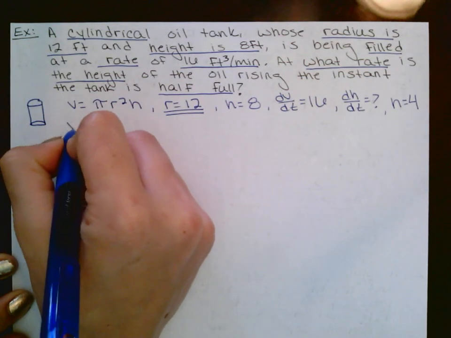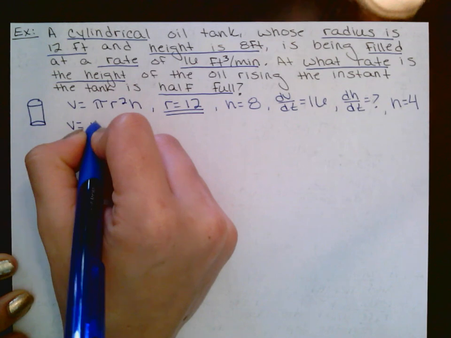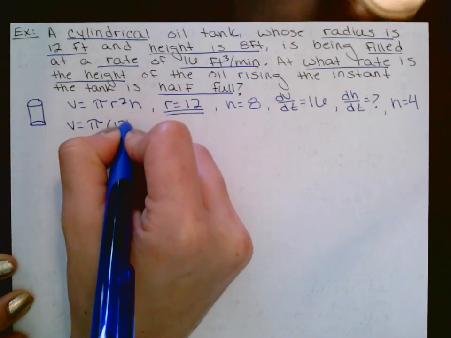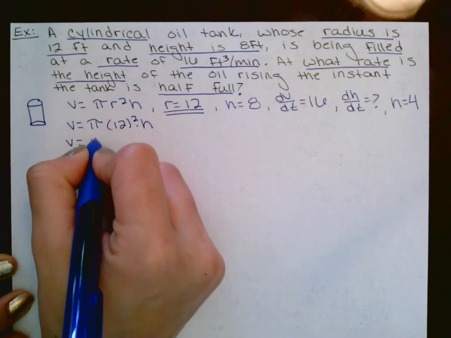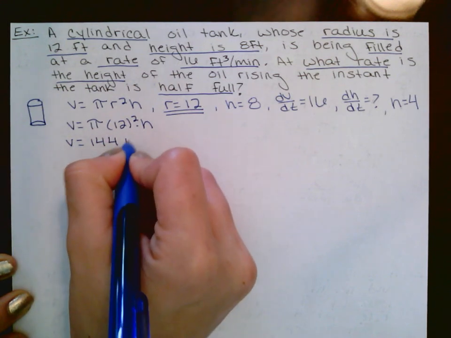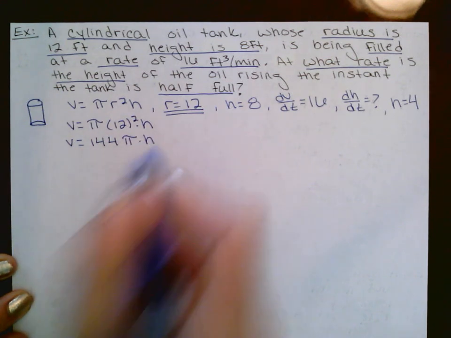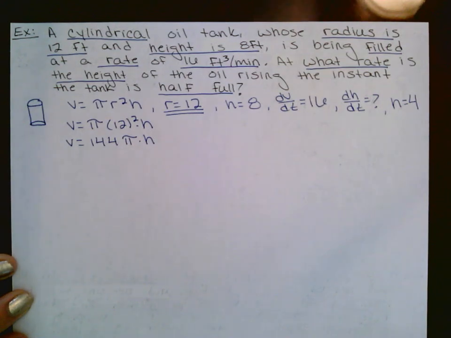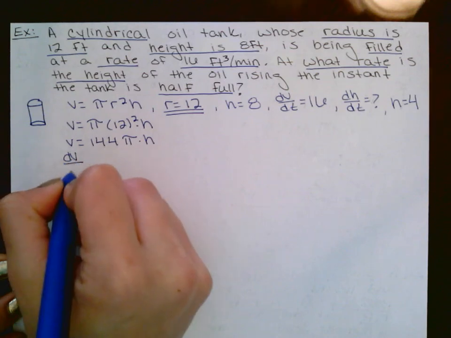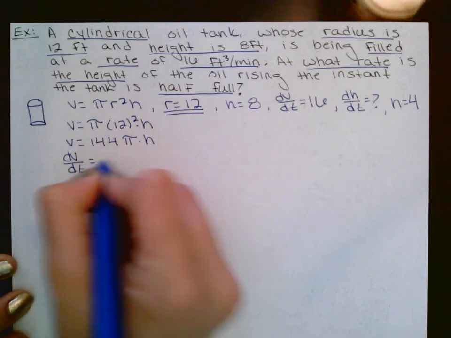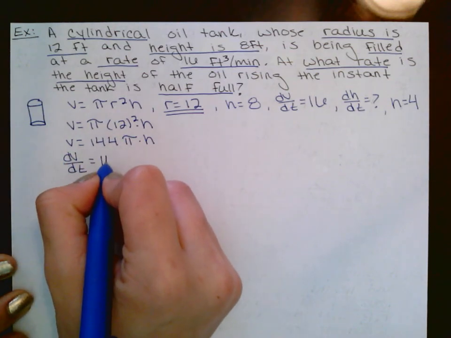So I'm going to rewrite my volume. And now I can continue on and do my derivative. So derivative of volume is dV/dt. This is a coefficient.